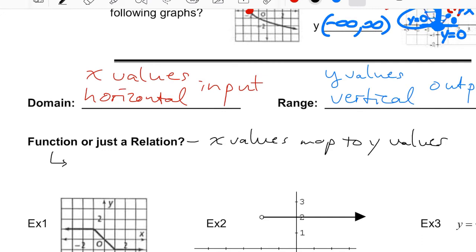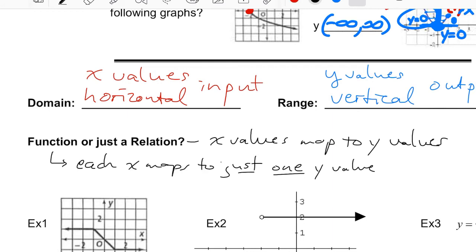The interesting thing is, though, when we say it's a function, that's actually a special mapping when each x maps to just one y value.